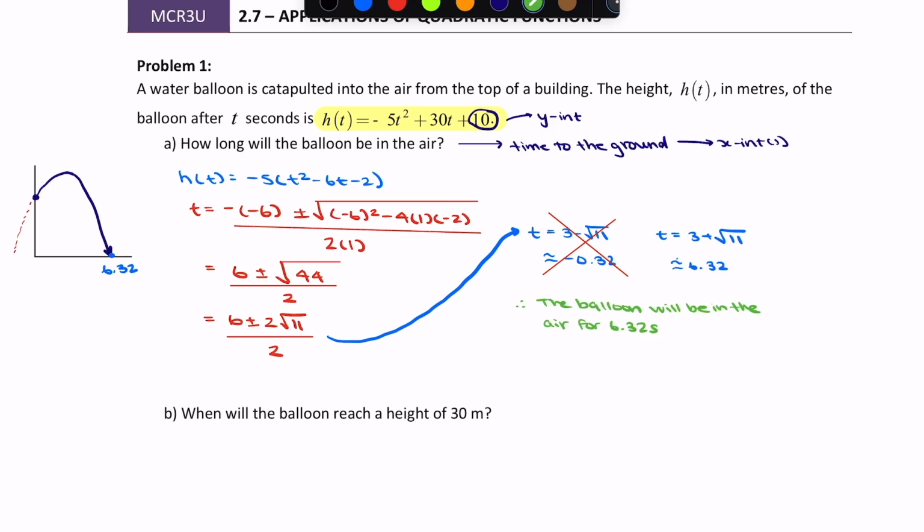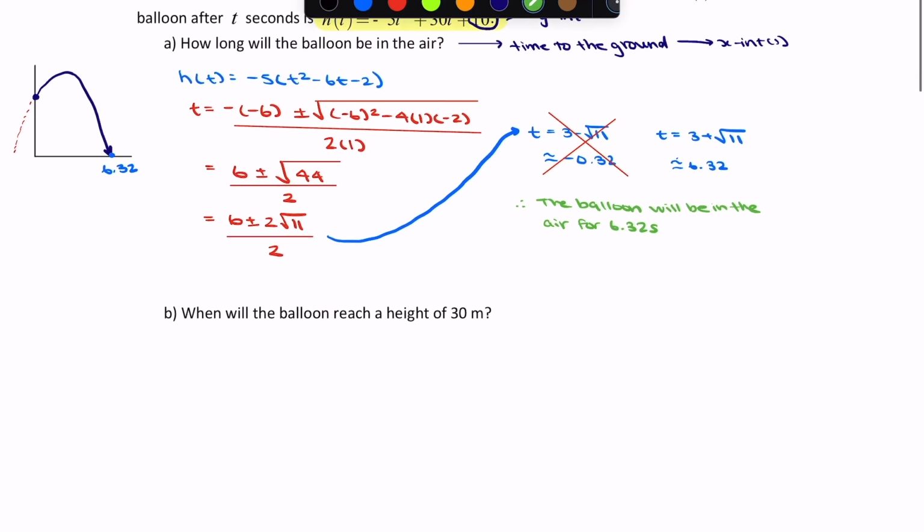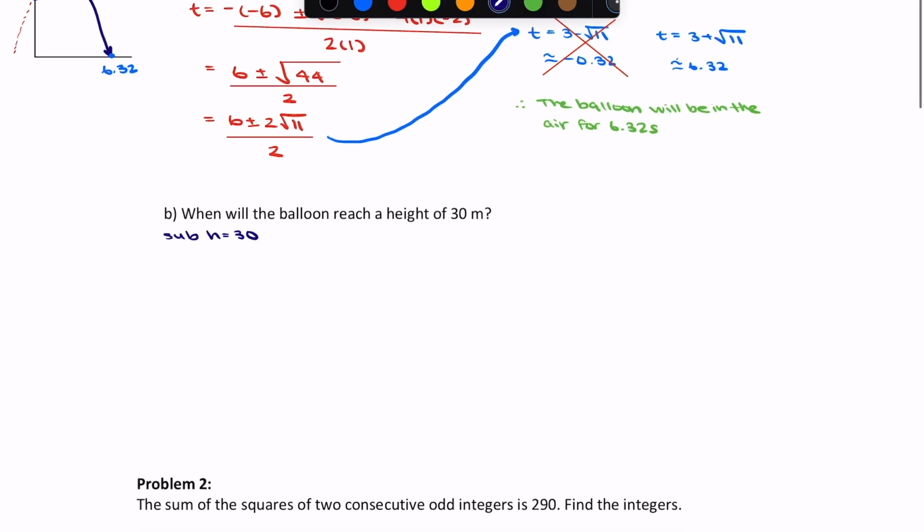Okay, here it says, when will the balloon reach a height of 30 meters? So that means here the h value is equal to 30. So we can sub h is equal to 30 into our equation. So here we have 30 is equal to negative 5t squared plus 30t plus 10.